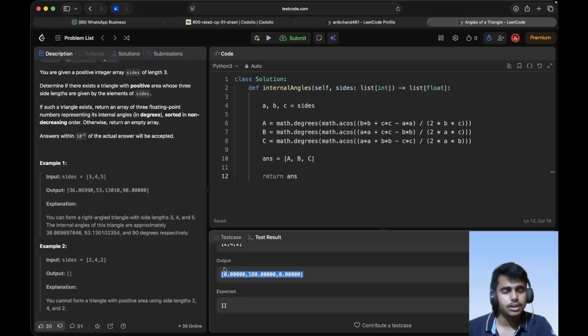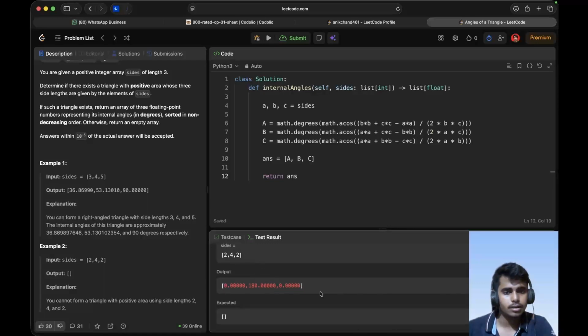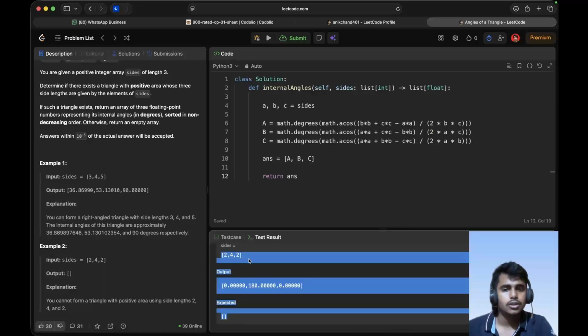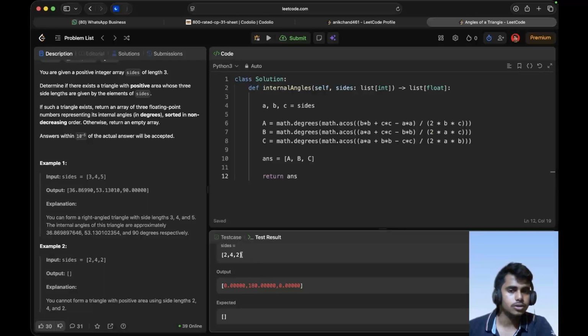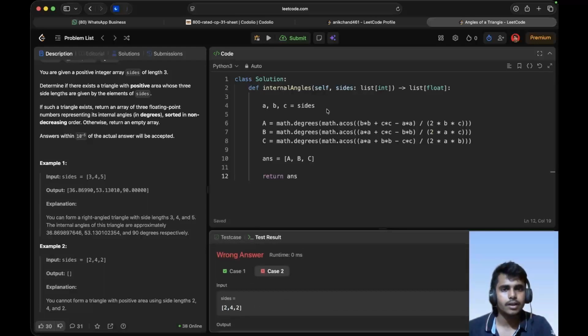Okay. This is the edge case I have not handled. 2, 4, 2. This is not a triangle because 2 square plus 2 square is equal to 4 square, and the sum should be greater than the third side. So what can I say?